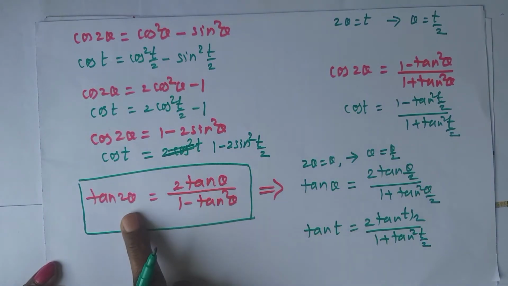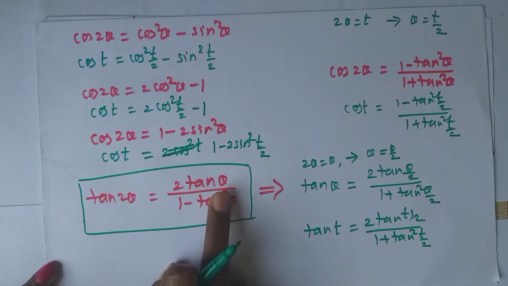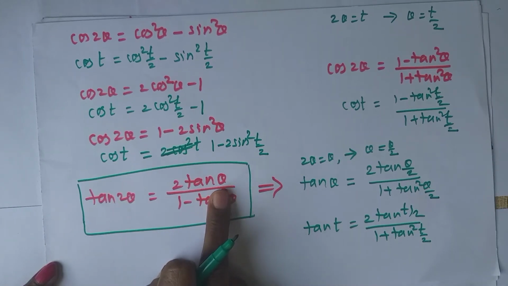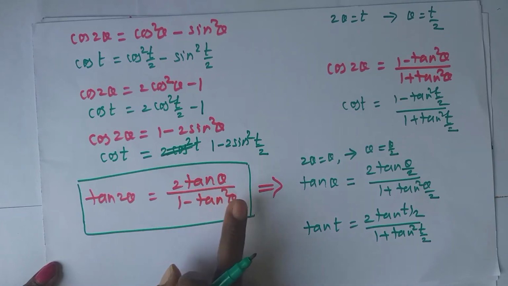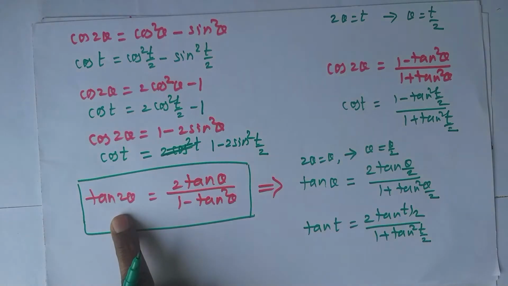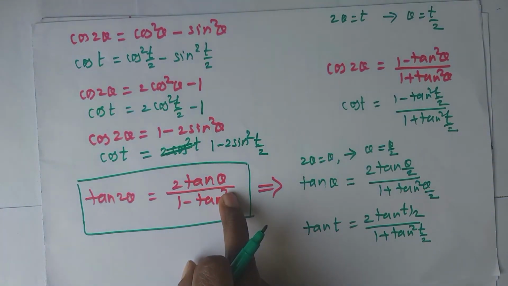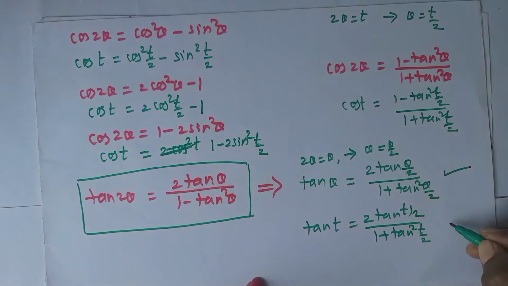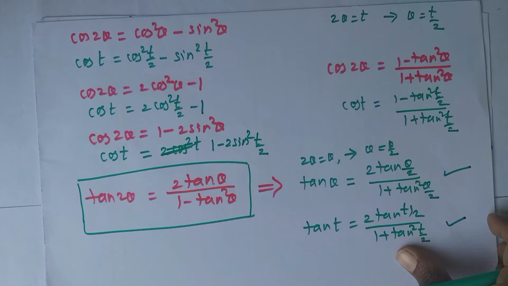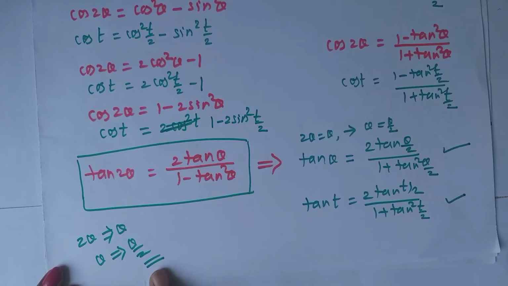See, if the angle here is 2 theta, then here is half the angle, that is theta. And if I keep here theta, then here will be the angle theta by 2. Or if you keep the value of 2 theta as t, then theta becomes t by 2. This is the formula in terms of theta, this is in terms of t. Okay, students? These are called half angle formulae or submultiple angles of theta.